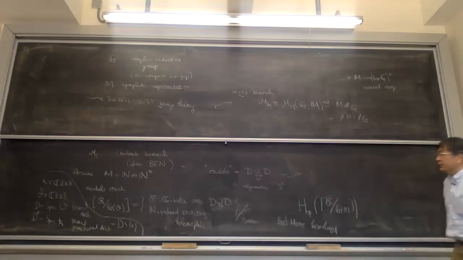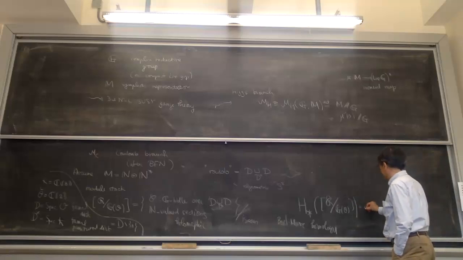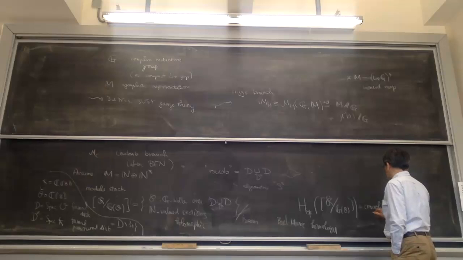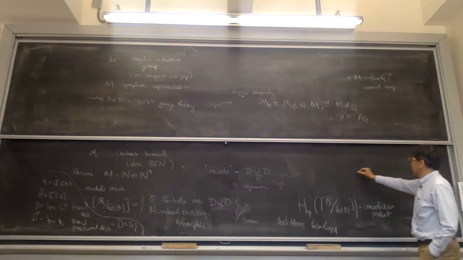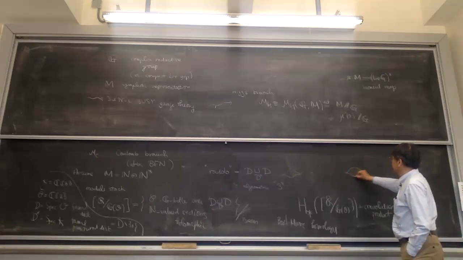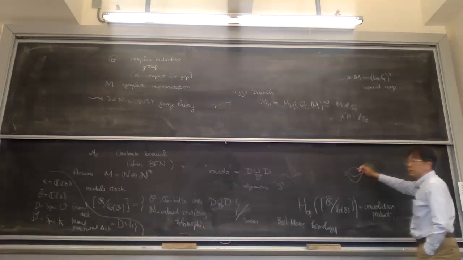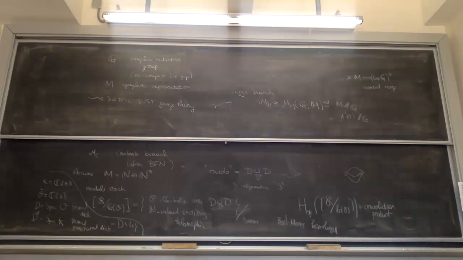And you have the convolution product defined on this homology. You consider three disks glued along the punctured disk.